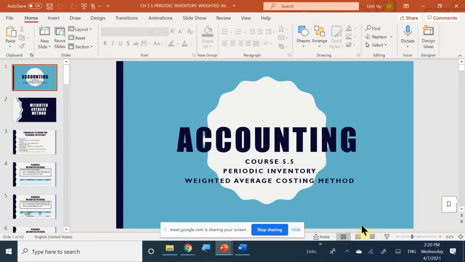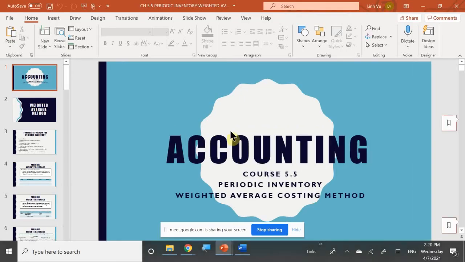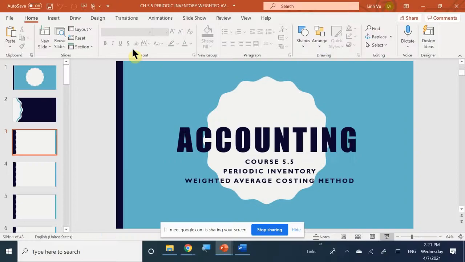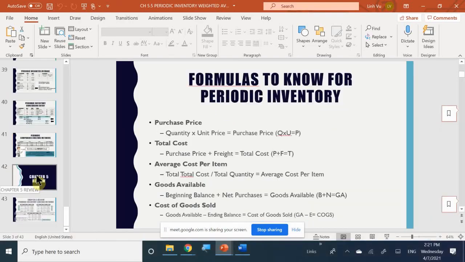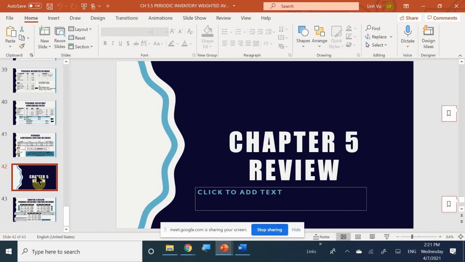Last but not least, the costing methods. Now, I'm not going to go through every single one on the PowerPoint because we're going to do it together in class. So for this one, I'm only going to go to the review part. 5.3 was learning FIFO, 5.4 is learning FIFO or LIFO, and then 5.5.